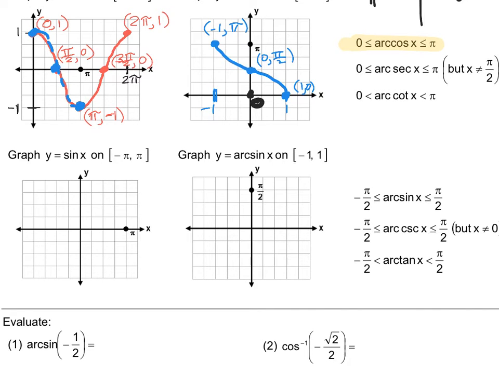So a sine graph starts off at the origin, hits the maximum at the quarter wave point, then back to the midline. But this one we're going to go from negative pi to pi. So I'm going to go back the other way. So here's negative pi.